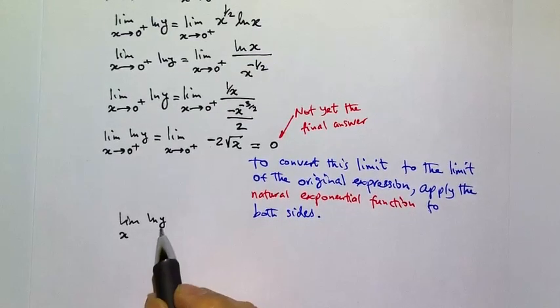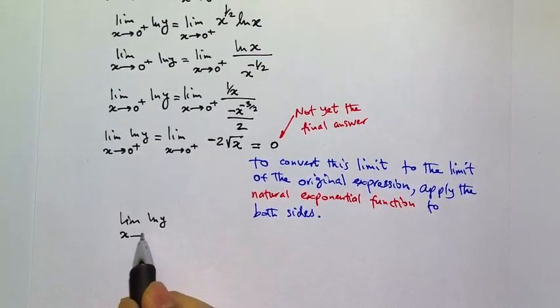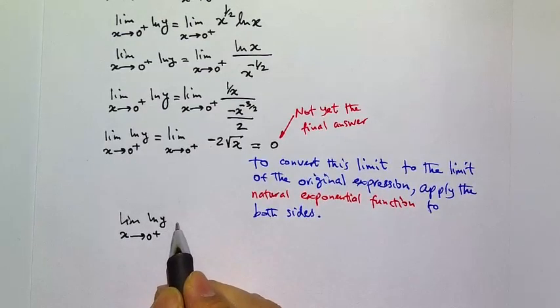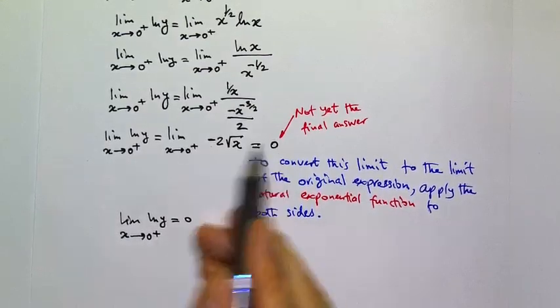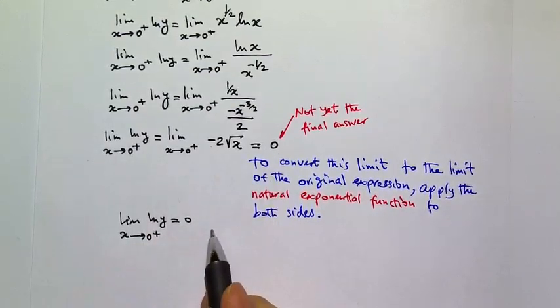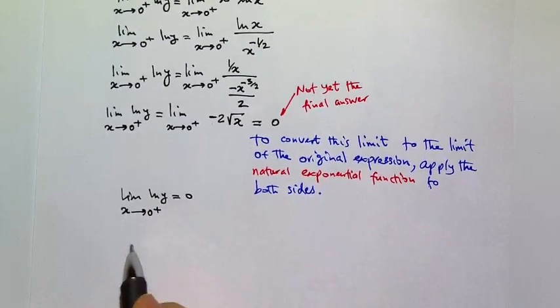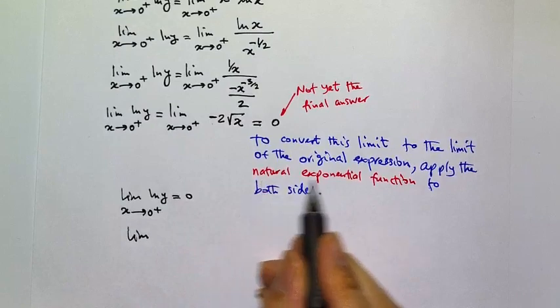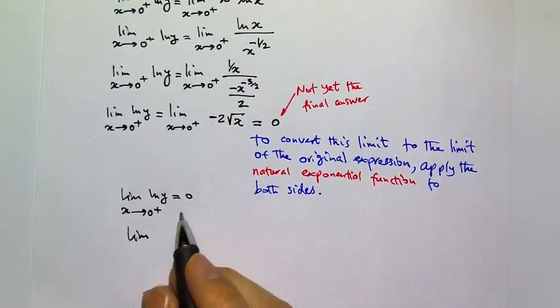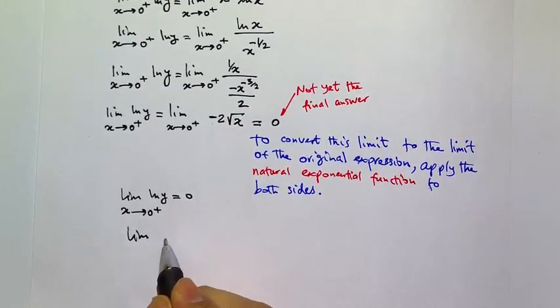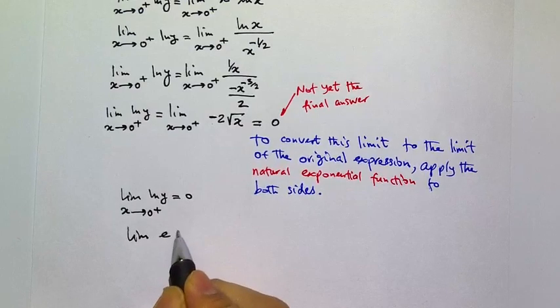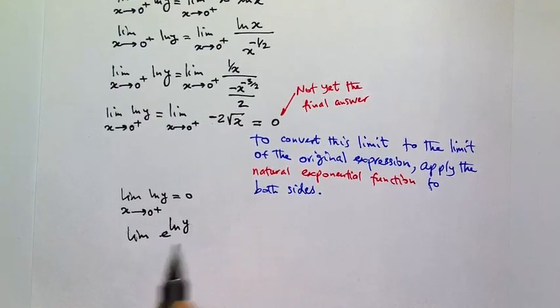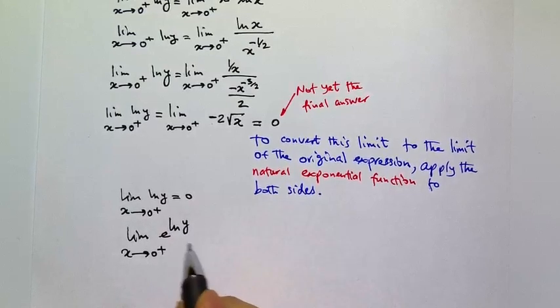So originally this is what we have. This is what we ended up with, right? And then, applying the natural exponential function to both sides, we have the limit of e to natural log of y as x goes to 0 from the right.